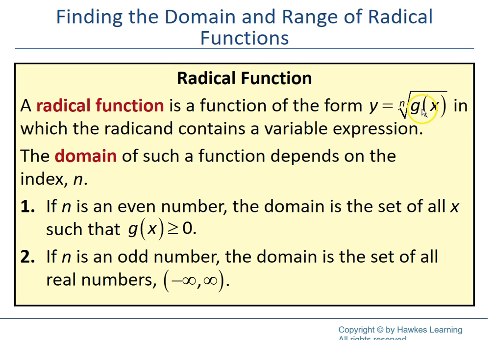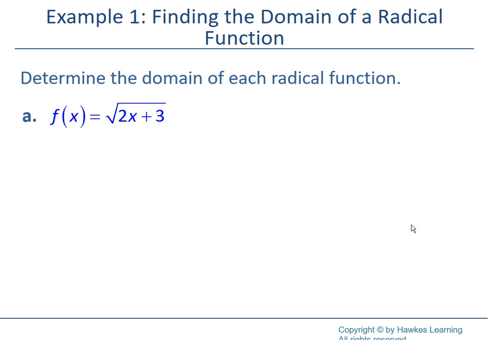But otherwise, if it is an odd index number, you can have negatives under here. So those values of x would not be restrictive. Here, if n is an even number, it has to be greater or equal to 0. If it's an odd number, there are no restrictions. The interval notation would be, it could be from negative infinity to positive infinity. This is all real numbers.